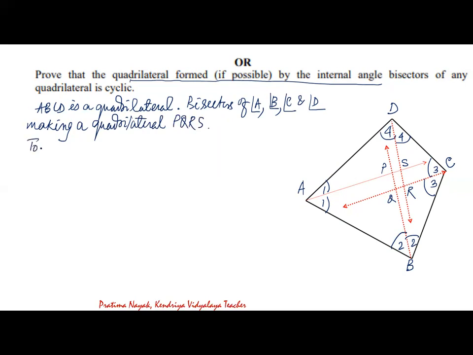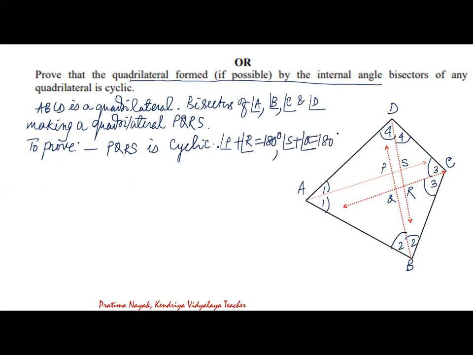To prove, we need to prove that the PQRS quadrilateral is cyclic. What is the meaning of cyclic? The meaning of cyclic is that the points can lie on a circle. And what is the property? The property is that the sum of opposite angles is 180 degrees. That means P plus R is equal to 180 degrees, and S plus Q is also 180 degrees. So I'll prove either of these, then it will be proved.